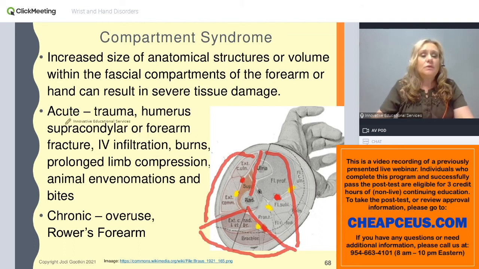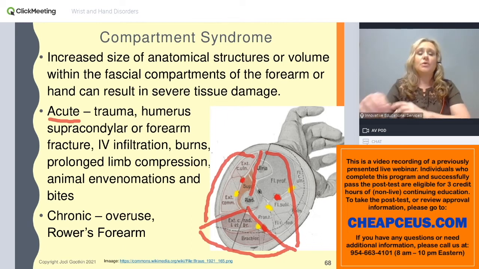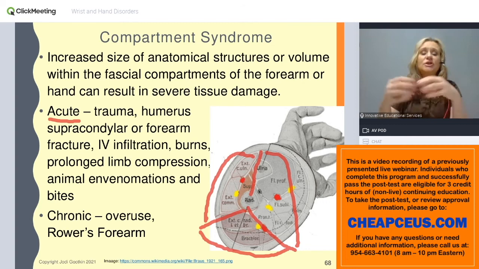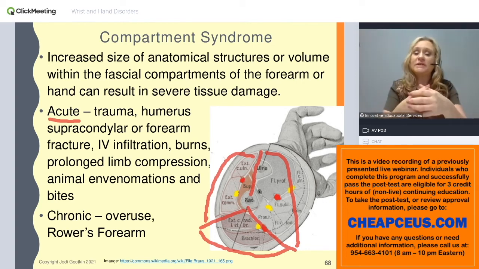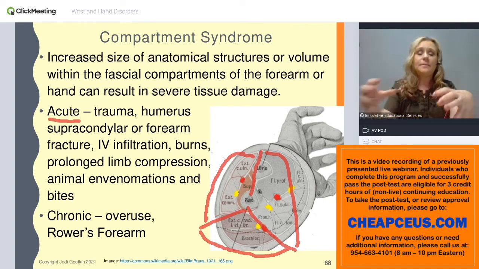Several acute examples would be someone who has a supracondylar fracture of the humerus or a proximal radial fracture, which can create swelling in response to that fracture that can build up.